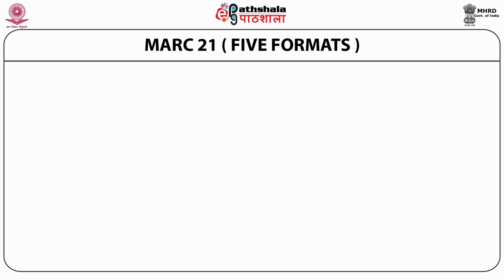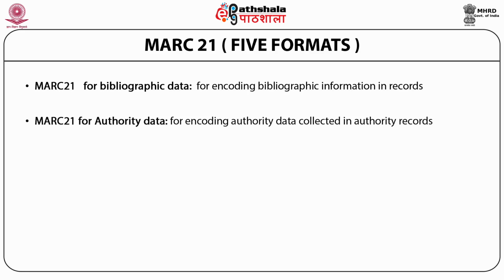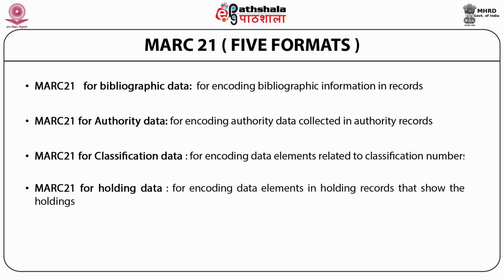These are, firstly, MARC 21 for bibliographic data for encoding bibliographic information in records, MARC 21 for authority data for encoding authority data collected in authority records. Thirdly, MARC 21 for classification data. This is for encoding data elements related to classification numbers. Fourthly, MARC 21 for holding data.